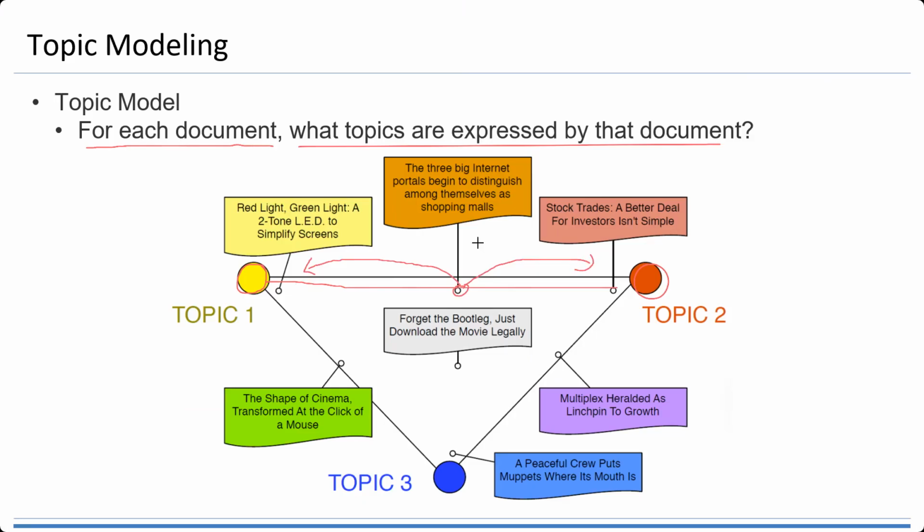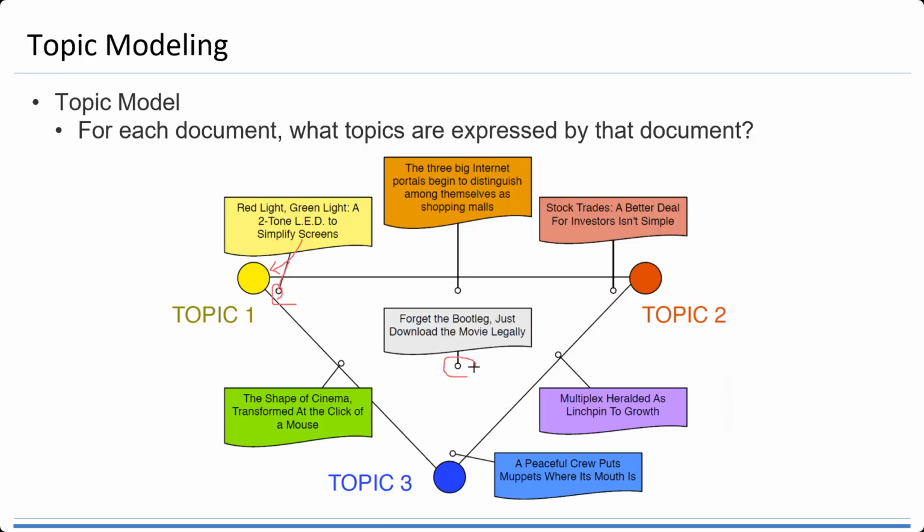So there might be some kind of probability. If the probability is higher for topic 1, then we will assign this document to topic 1. If the probability is higher for topic 2, then we will assign this document to topic 2, and so on. So this kind of figure shows that if this document is more in topic 1, then the probability is high on topic 1.